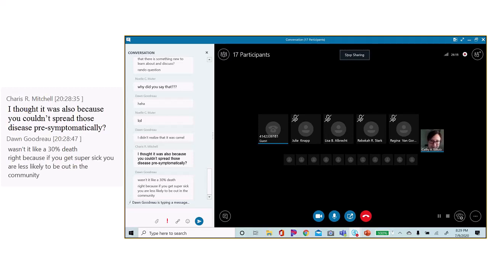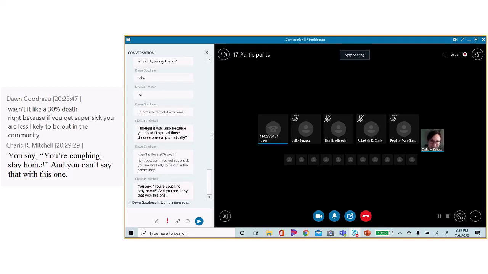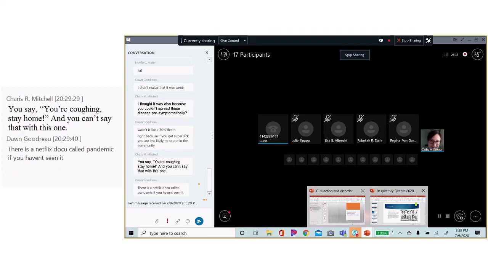So there's a bunch of factors. However, this virus, COVID-19, transmits easily, and the people that get sick are the people.